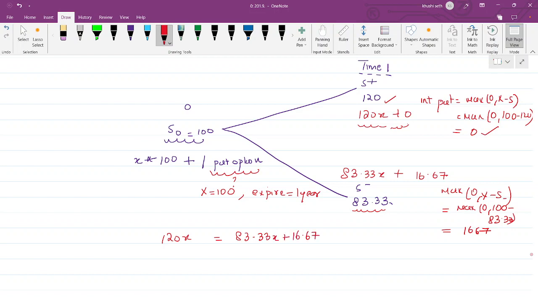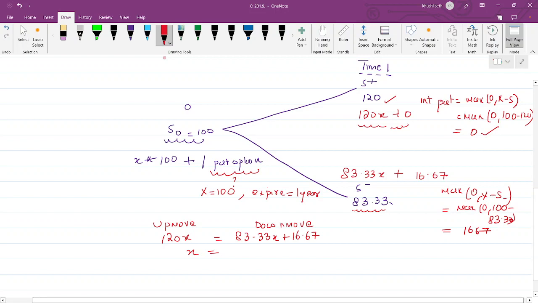So we are going to calculate x in such a way that the value of my portfolio in case of an up move, that is 120x, equals the value of my portfolio in case of a down move, that is 83.33x plus 16.67. So we're going to solve for x, and in the last class we had done that.